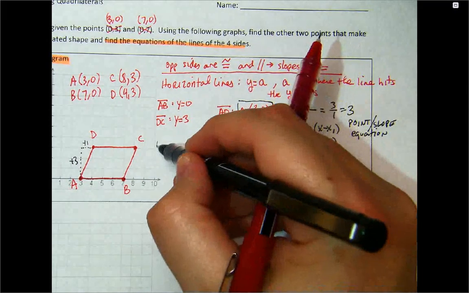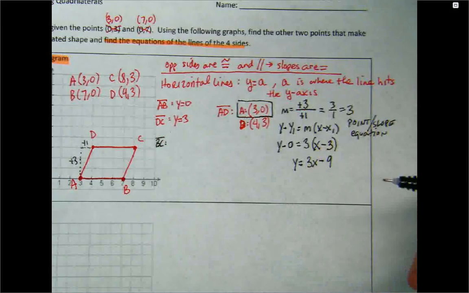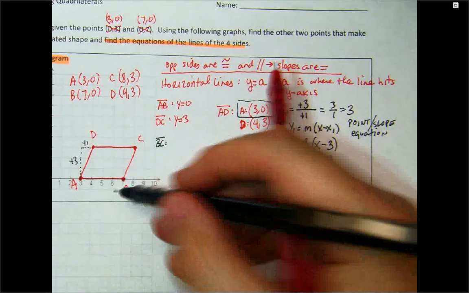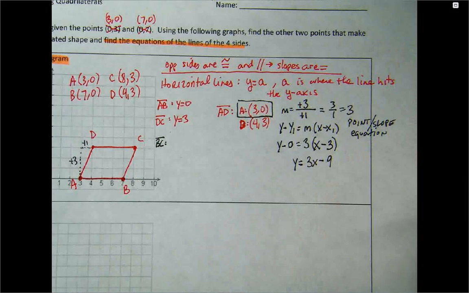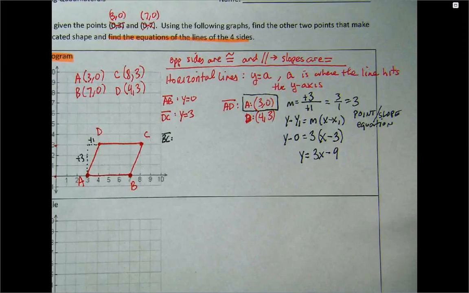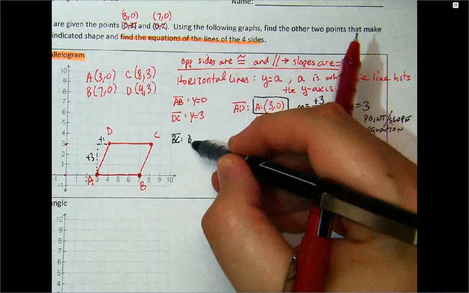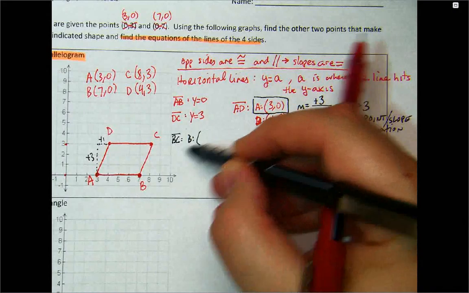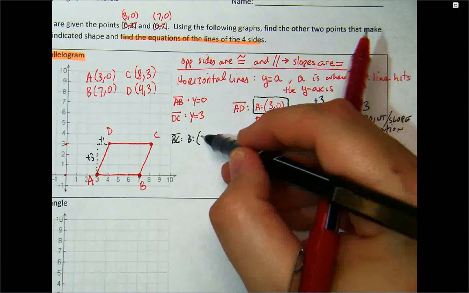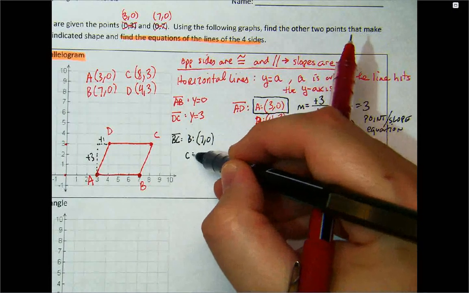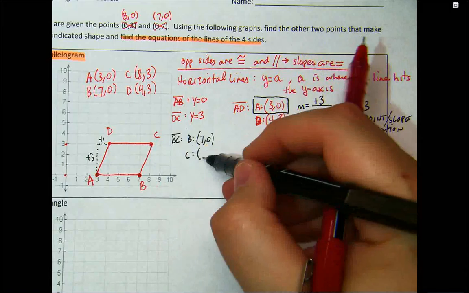Now for BC, we're going to do the exact same thing. B has the point 7, 0. C has the point 8, 3. Do I know my slope?